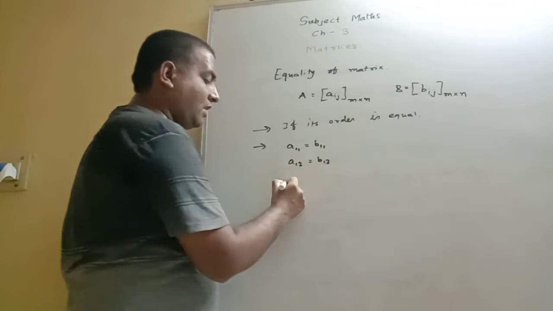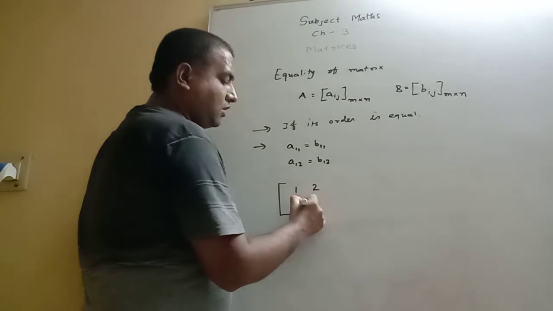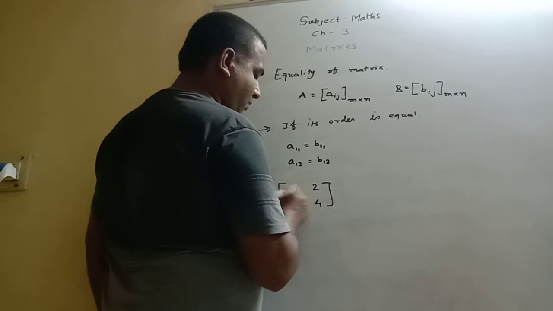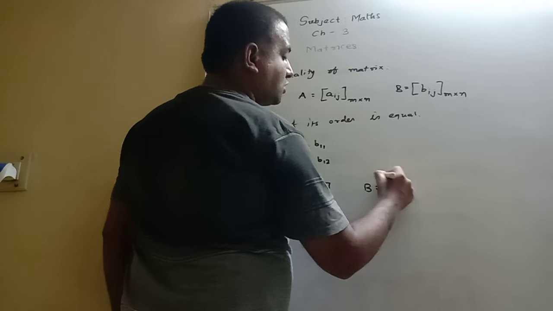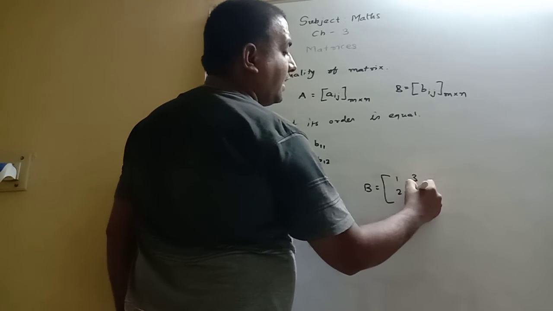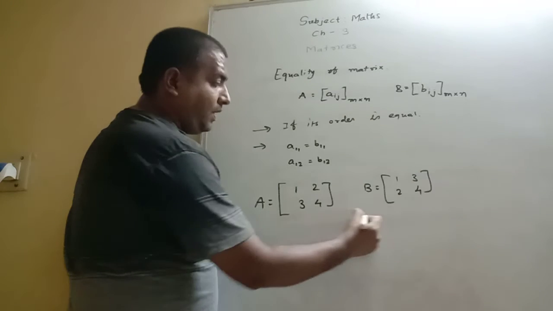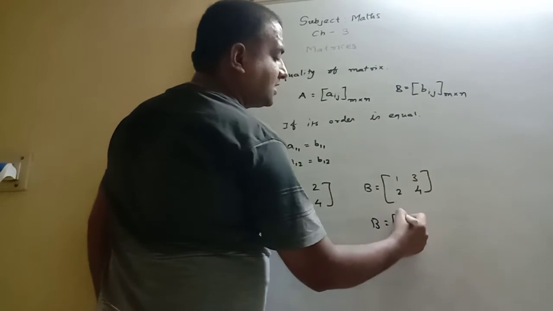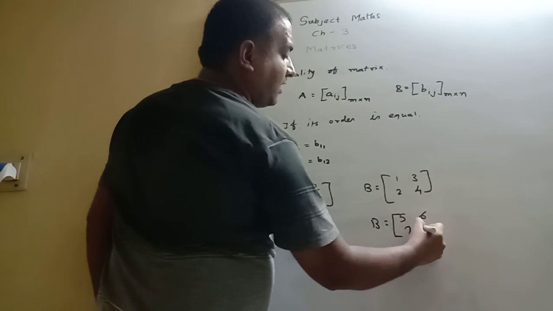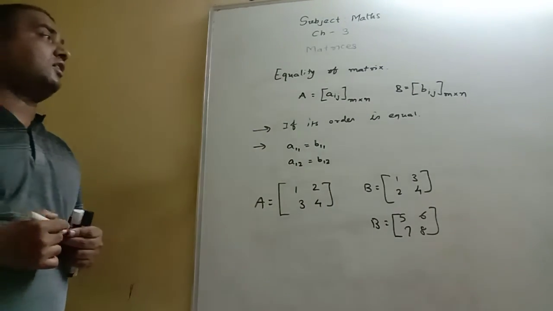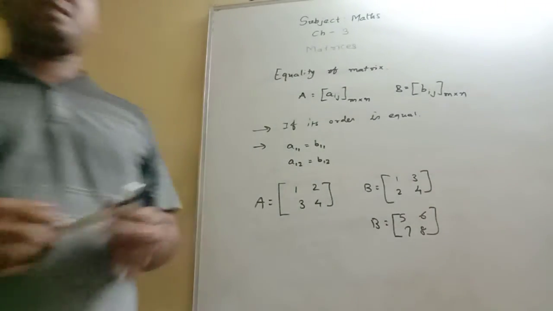For example, here we take A equals 1, 2, 3, 4, and B equals also 1, 2, 3, 4. Then they are said to be equal matrices. But if B equals 5, 6, 7, 8, then their orders are the same but entries are different, so they are not equal matrices.